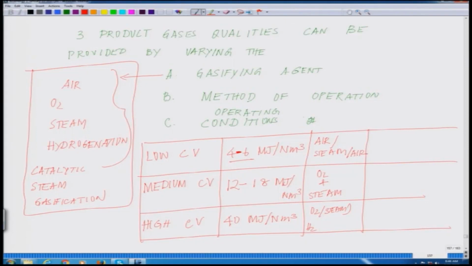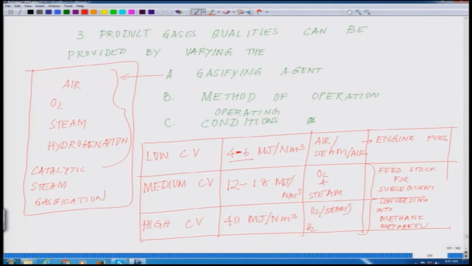So, the low calorific value gas is directly used as an engine fuel, whereas these two are the feedstock for subsequent conversion into basic chemicals, principally methane and methanol and all those kinds of products.